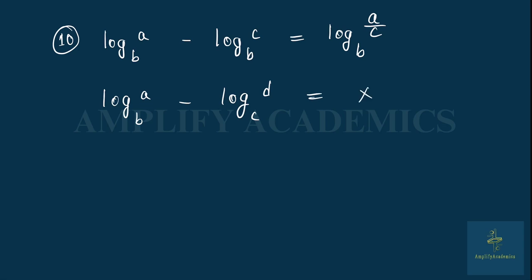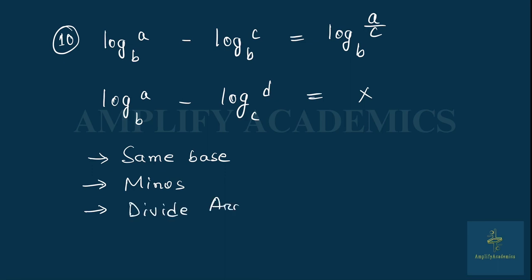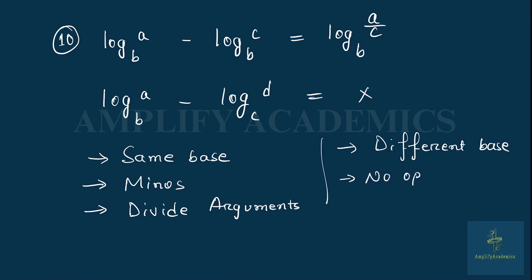So again, factor: same base, minus, you divide arguments. But on the other hand, different base, no operation. Nothing's going to happen.